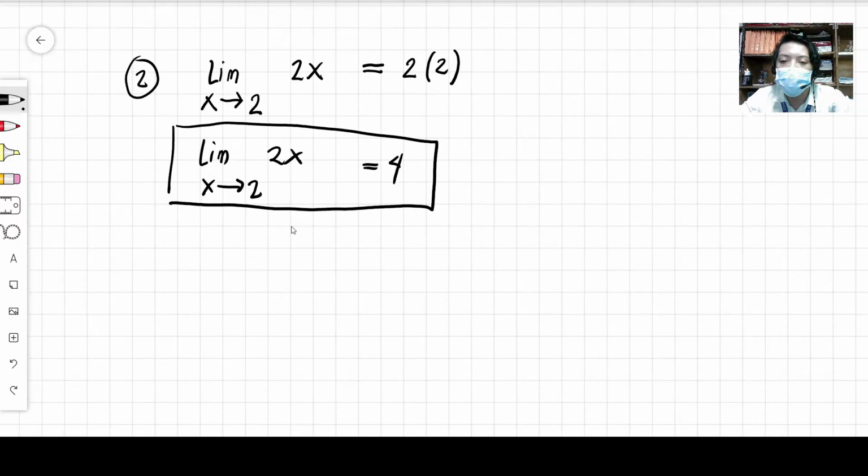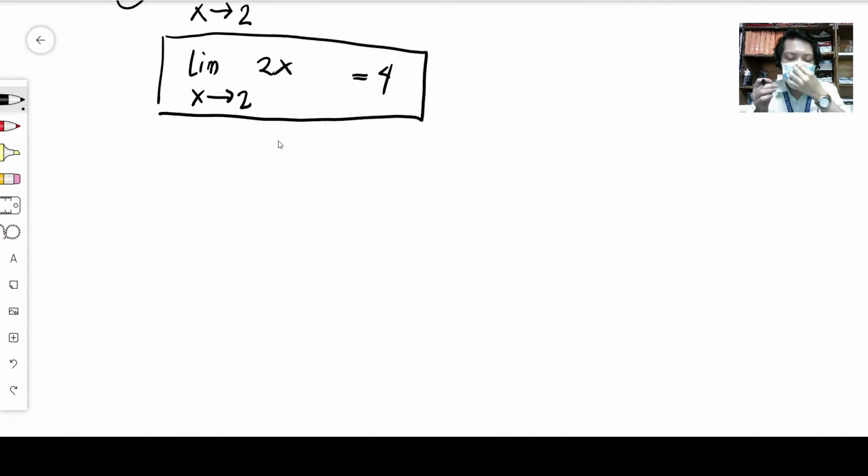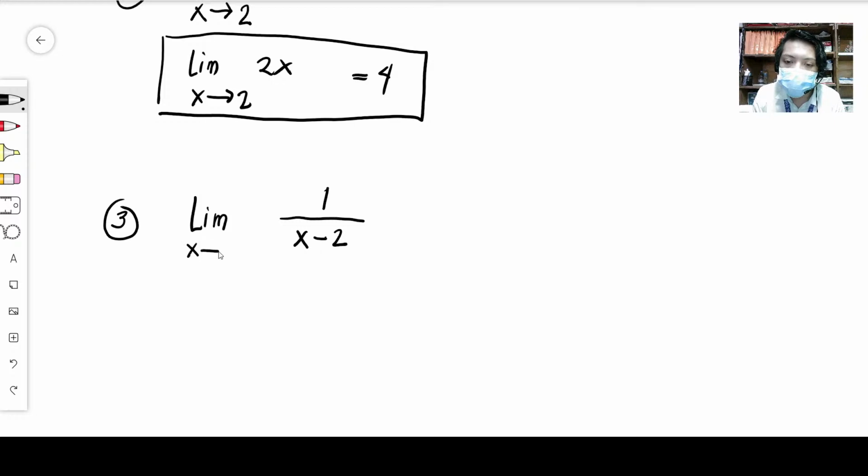Let's have another example. Example number 3: the limit of 1 over x minus 2 as x approaches 2. This is equal to 1 over, substituting the value of x, 2 minus 2.